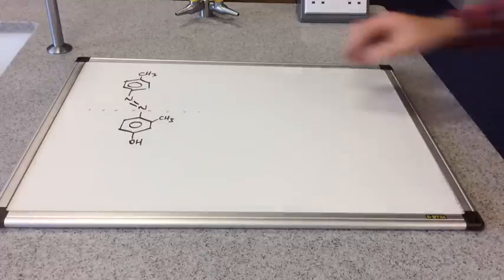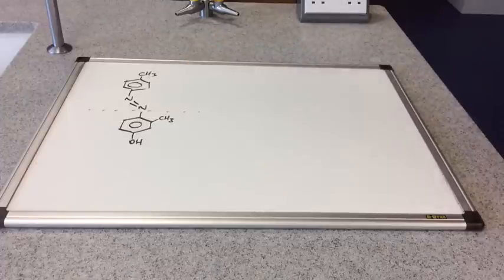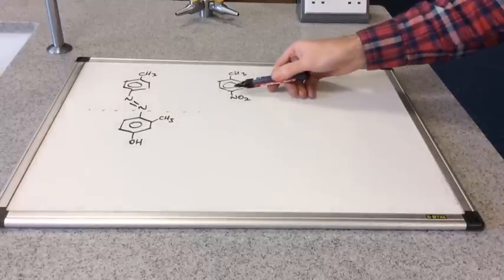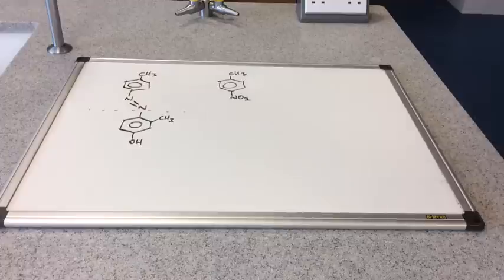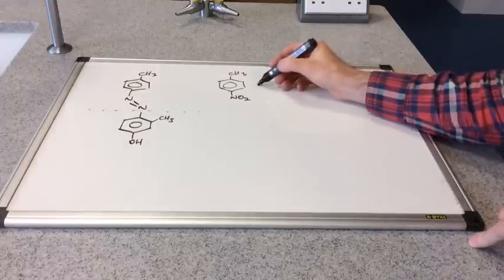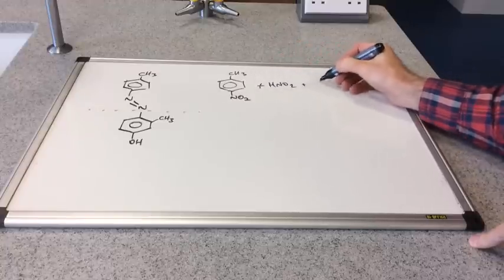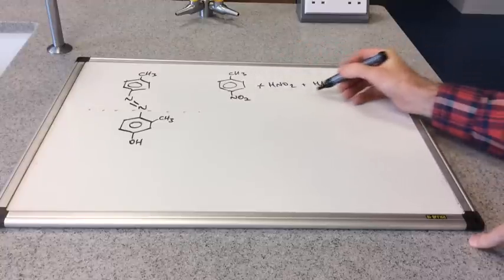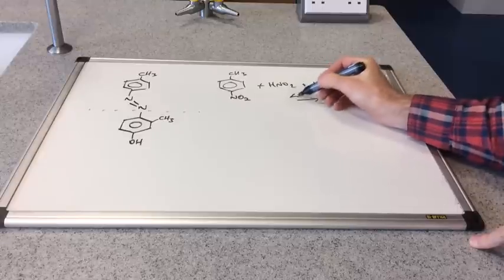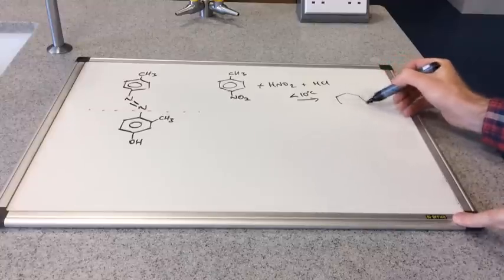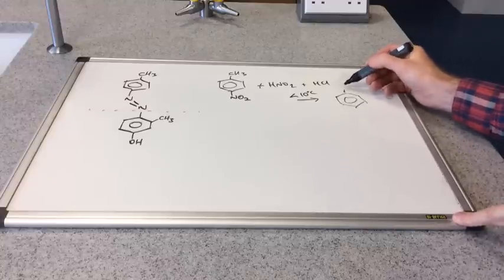So which aromatic amine are we going to use to make this part of the molecule? So that's obviously going to start out as 4-methyl nitrobenzene. So if we reacted that with the nitrous acid, HNO2, and the HCl, and we carried that out below 10 degrees C, we would make the diazonium ion that we want.